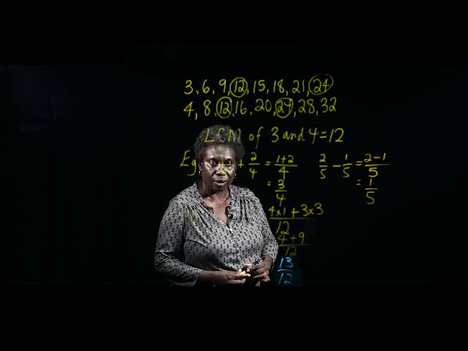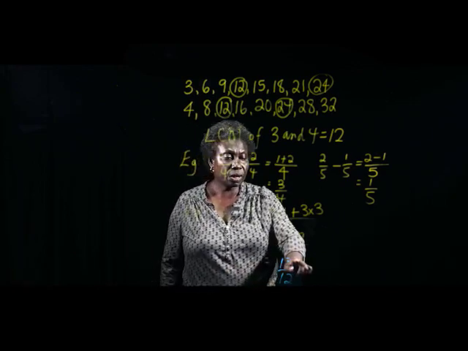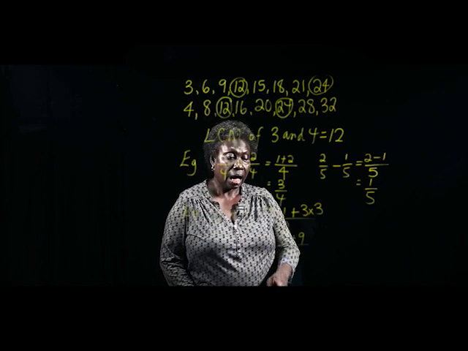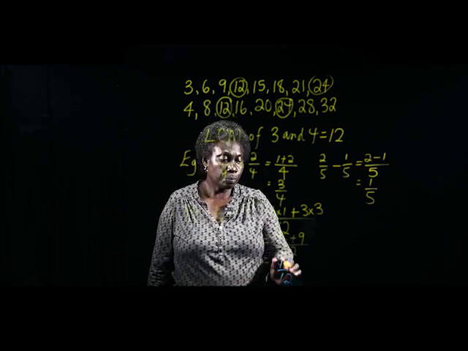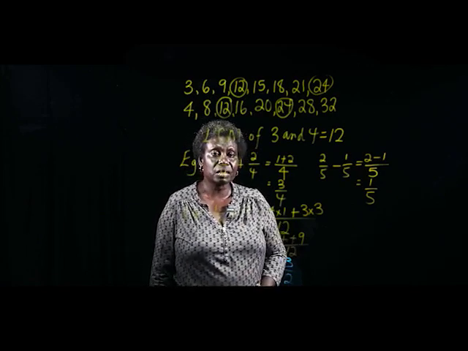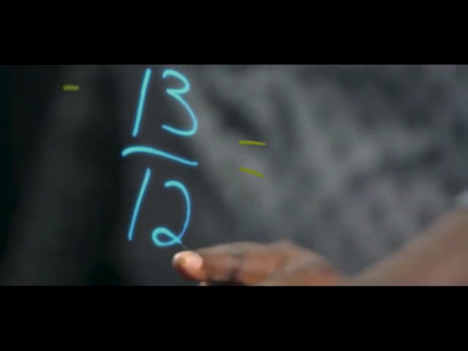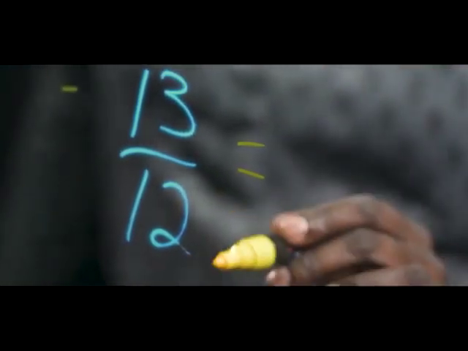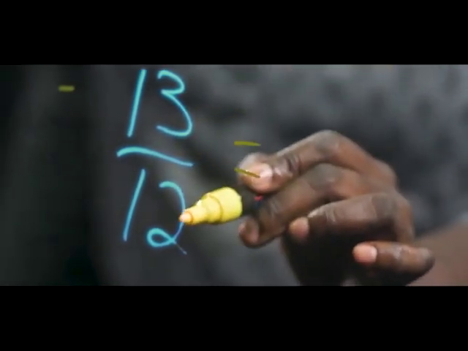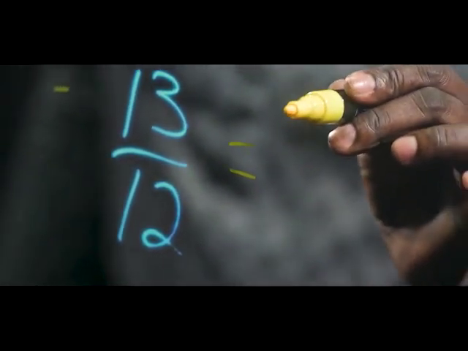I have a big problem here because my numerator is larger than the denominator. It is called an improper fraction. I am going to simplify that into a mixed number. How do I do that? I divide the numerator by the denominator, and I write that number down. 13 divided by 12 is 1.